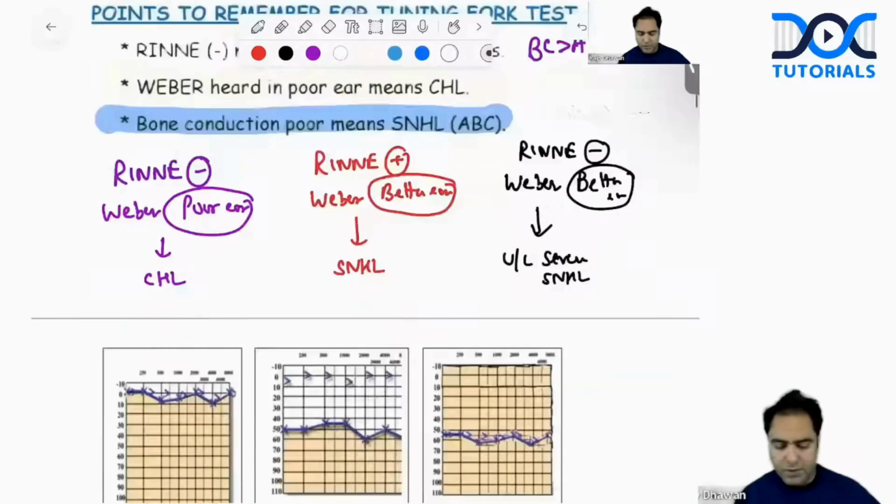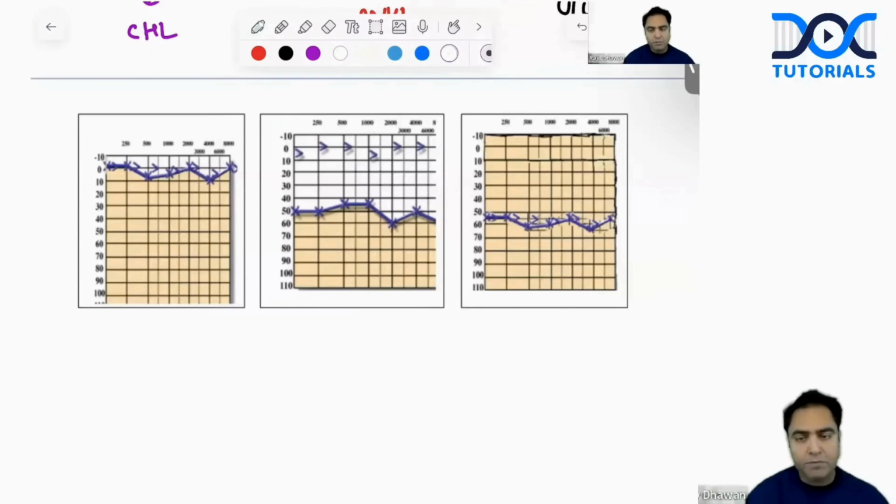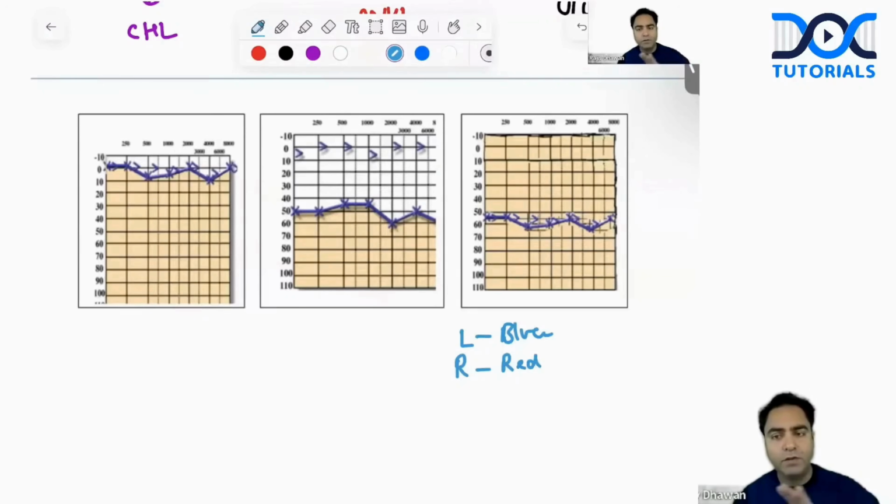Now, my dear friends, audiogram would be asked to you for sure in some questions in NEET PG, INI-CET, FMGE examinations. The basic rules are that blue colored audiogram lines are for the left ear. So left ear is always shown with blue color and right ear with red lines.